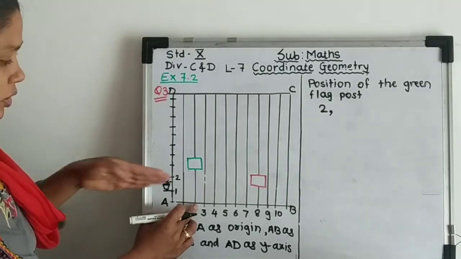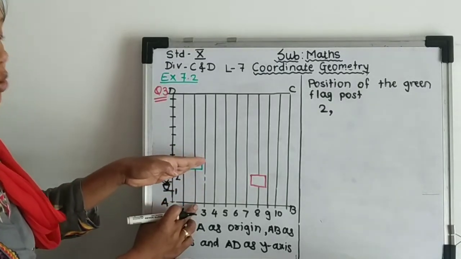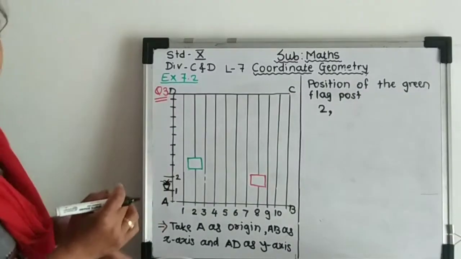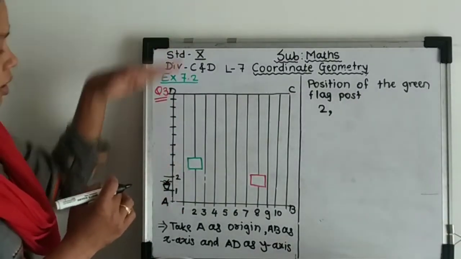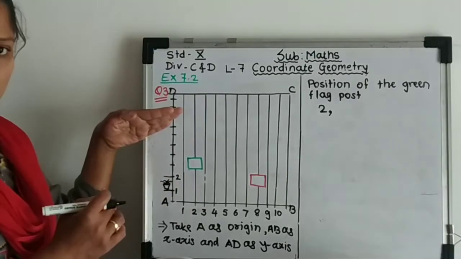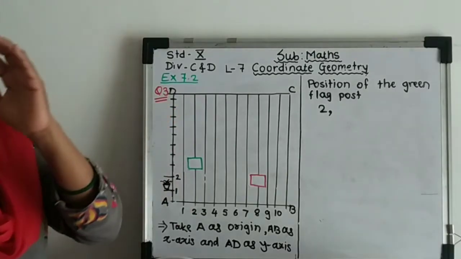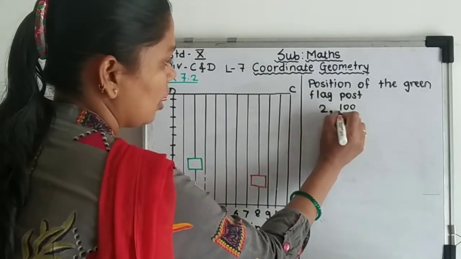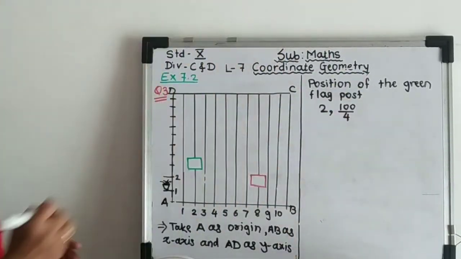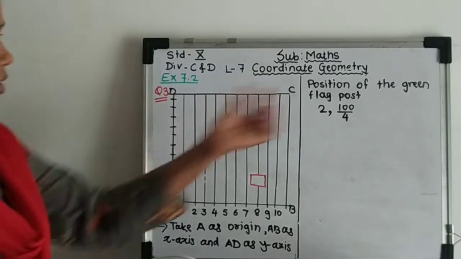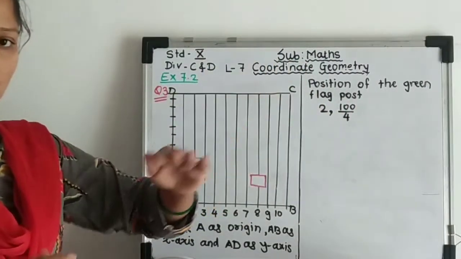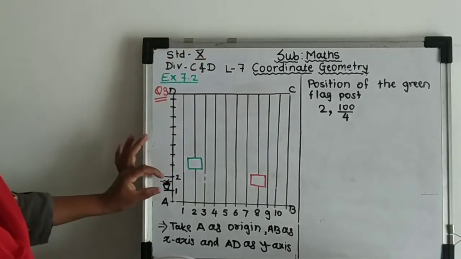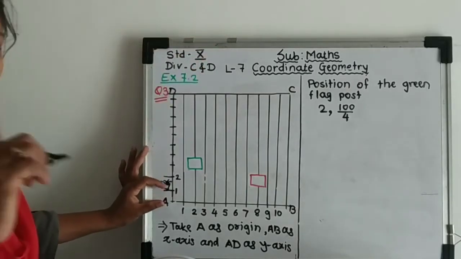Now she covers a distance up to 1/4 of that 100 meter, or whatever pots are kept. Are you getting? 1/4 of 100. So we'll take here 100 upon 4. Understood this one? Why have I taken 100? Because hundreds of pots are kept and between those pots the distance is 1 meter.